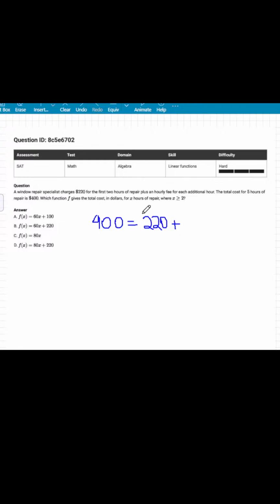For the first 2 hours the fee is 220. So 3 hours are left, and the rest of the cost is for those 3 hours. Suppose we take this cost as y, then we get y equal to 180, and this is the cost of repair for 3 hours.